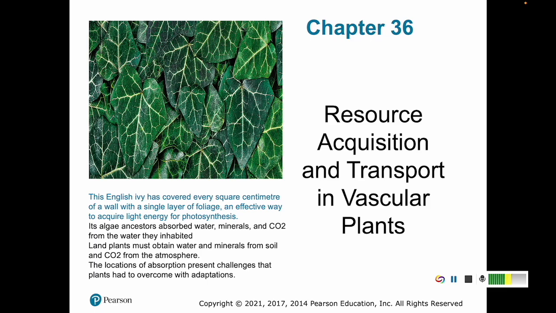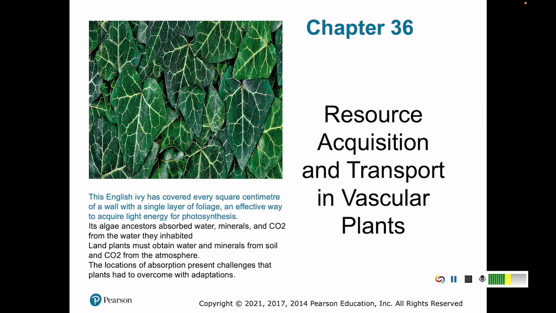This ivy has ancestors that were algae, and its algae ancestors lived in the water and could absorb water and minerals and carbon dioxide from the water that they lived in. But as a land plant, this ivy has to get water and minerals from the soil and carbon dioxide from the atmosphere.